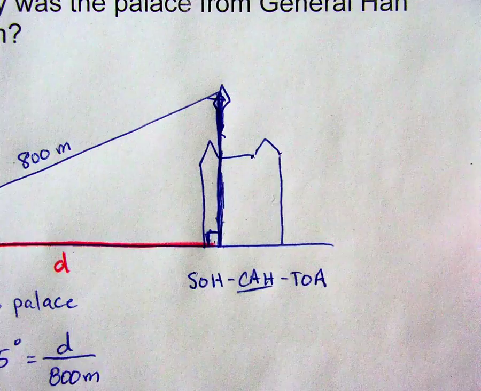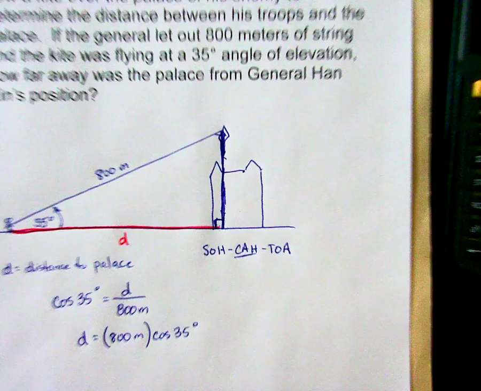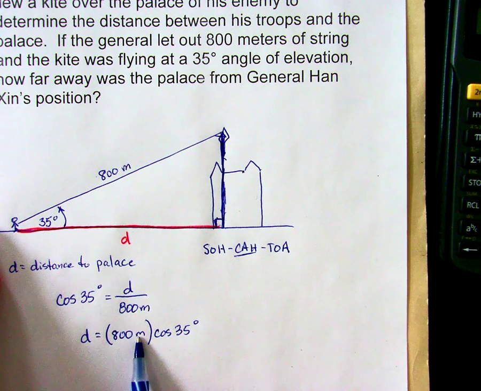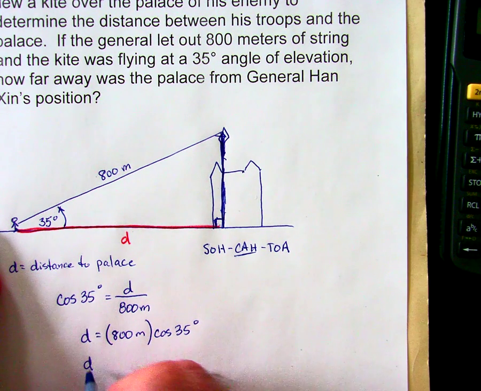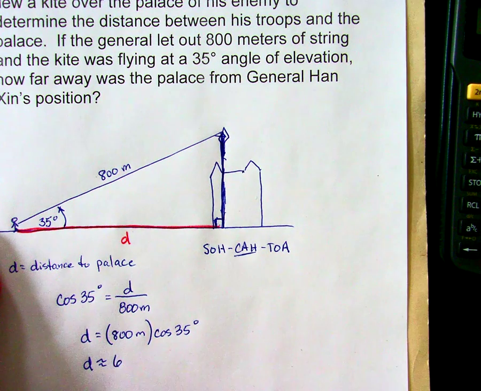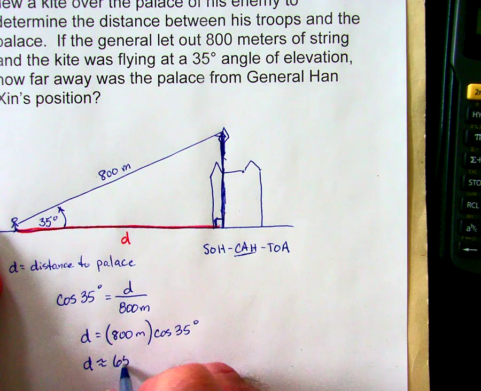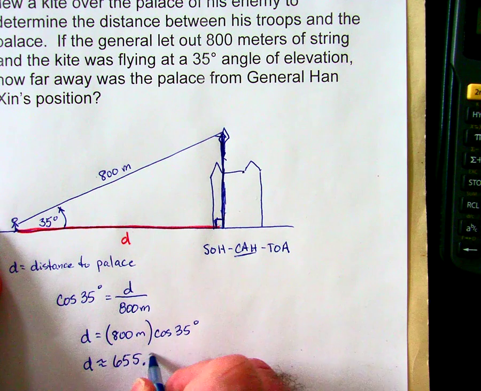And notice I left my label on my number there. That way I know it's got to be in meters. So d is about 655 and 3/10 meters.